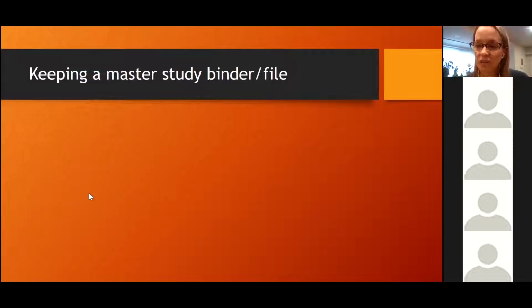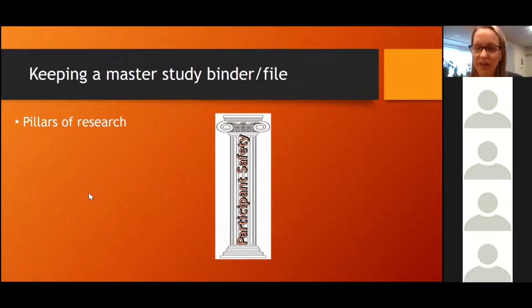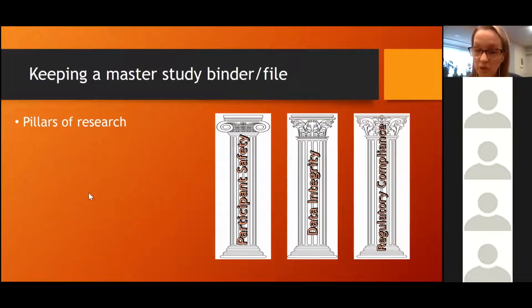So when conducting research, we really want to consider the pillars of research. The first and most important in my eyes being participant safety. At the end of the day, we're all here to make our participants and our patients' lives better. The second pillar being data integrity. We want to ensure that the data we're collecting and analyzing for our studies is accurate, is compliant, which leads me to the third pillar, regulatory compliance.